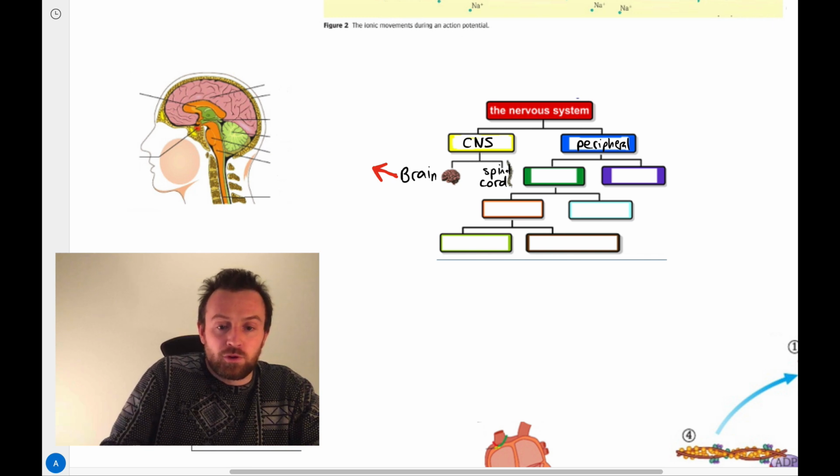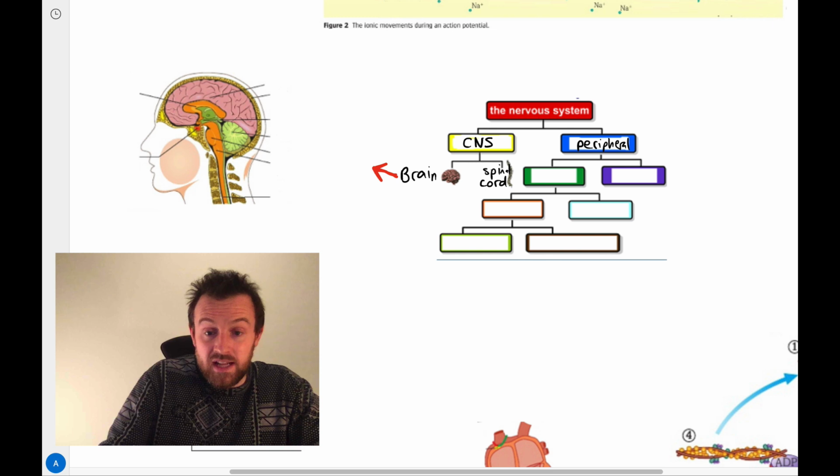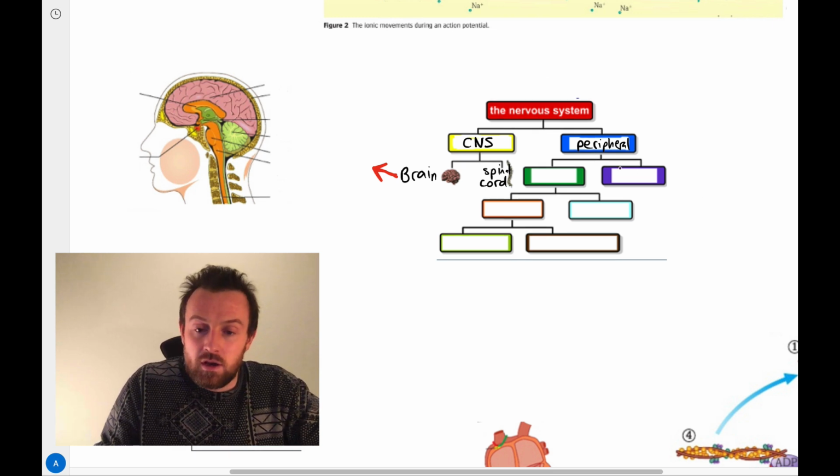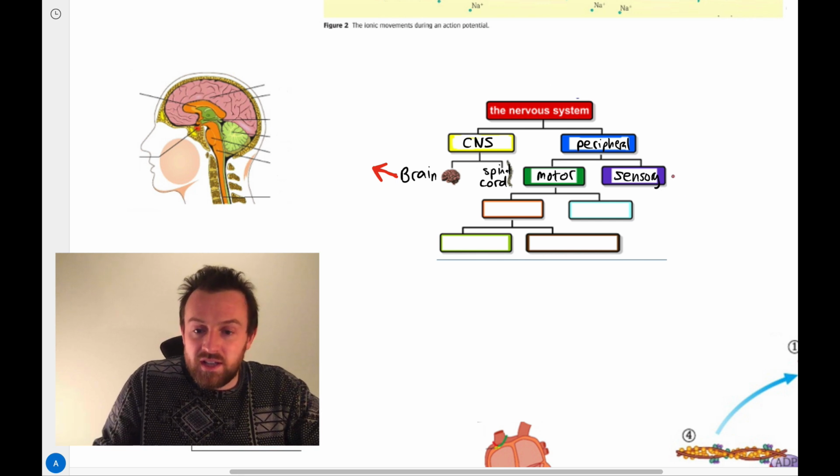So in the peripheral nervous system, we can further divide it up into both the sensory and the motor nervous system. So sensory is this one, and the motor is this one. A little bit of a subnote on the sensory.